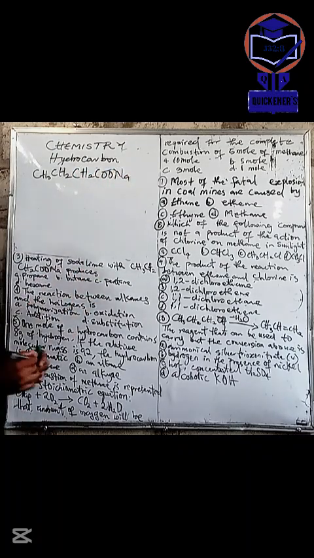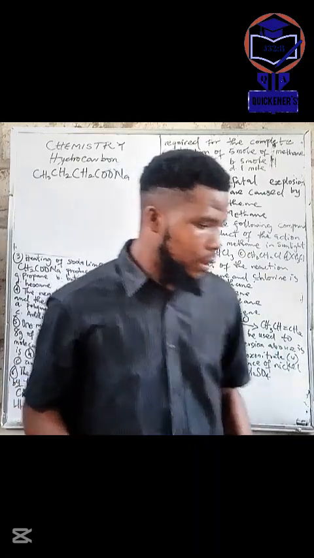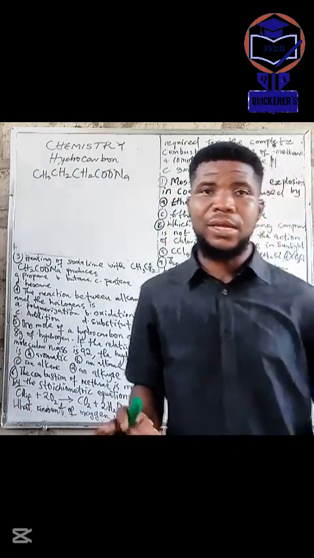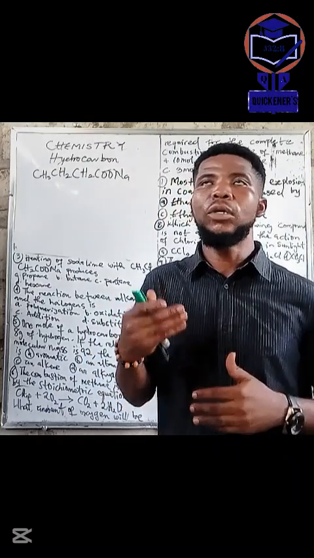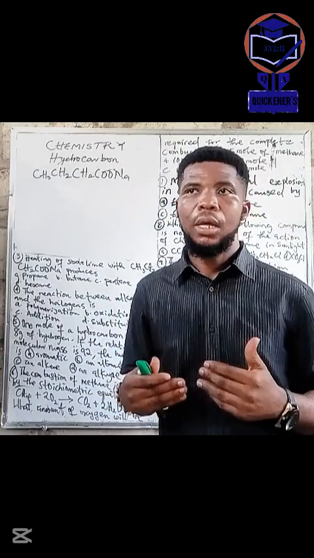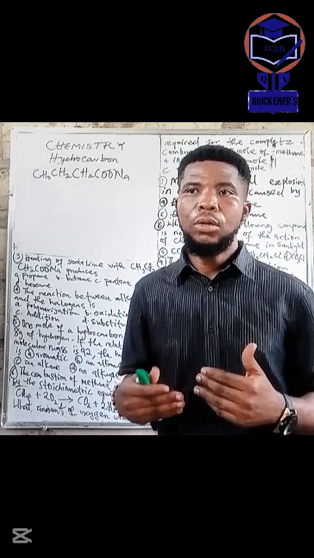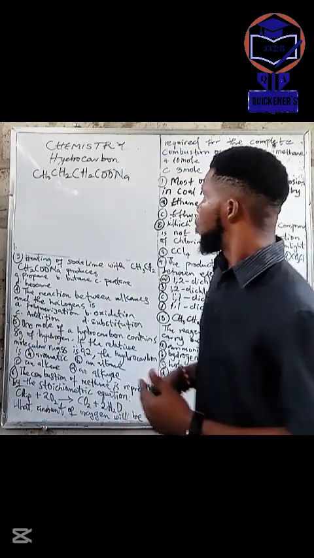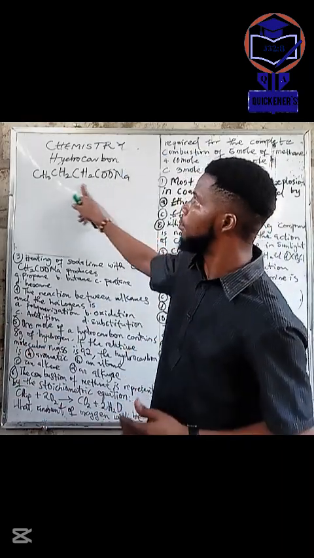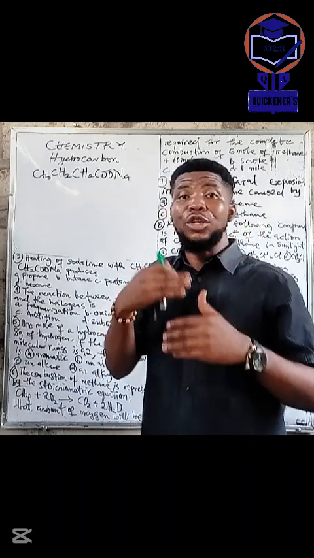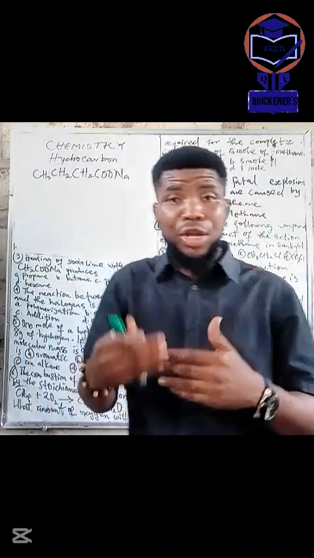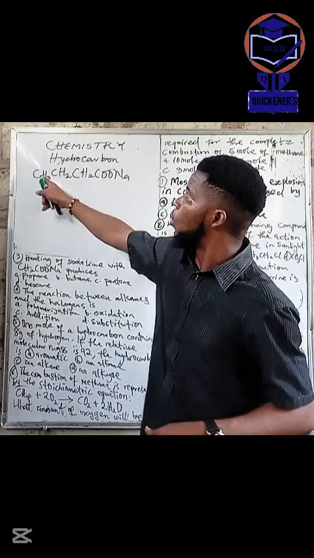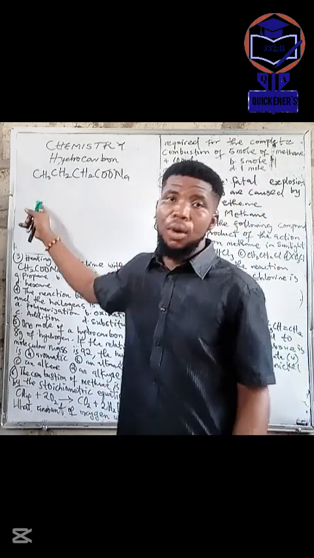We produce now, you see, the method for producing our alkane is when we heat soda lime with sodium alkanoate of the corresponding alkane. Now this is sodium what? 1, 2, 3, 4. Sodium propanoate.